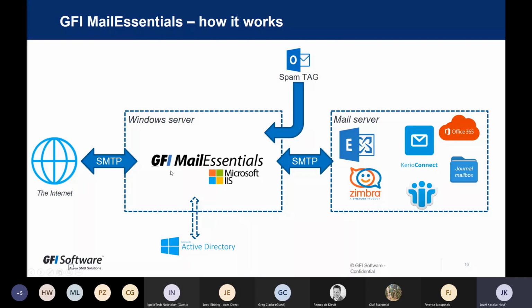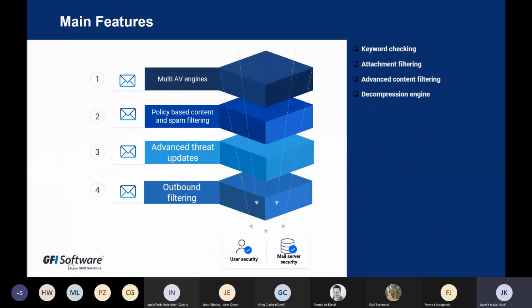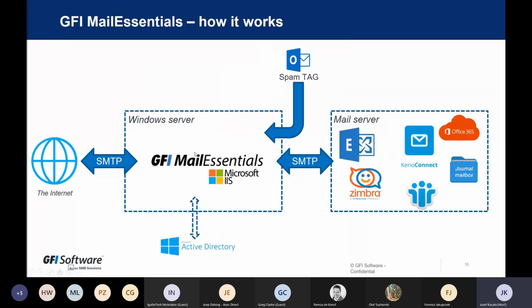In this case, GFI MailEssentials will act like an email gateway. It will receive the SMTP traffic coming from the internet. It will process the SMTP traffic with all these features which I mentioned. So different anti-spam techniques, content filters, antivirus engines, everything will be processed on the MailEssentials server.